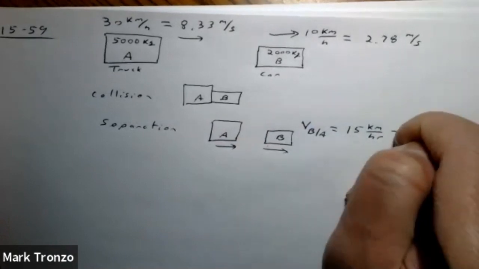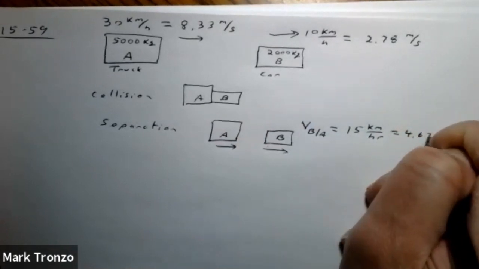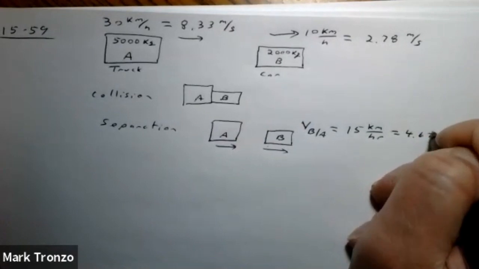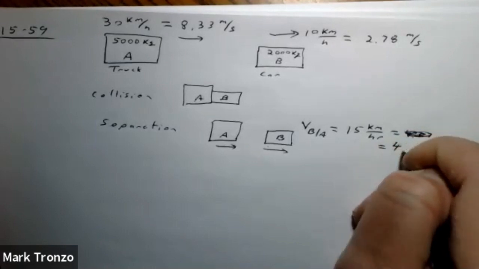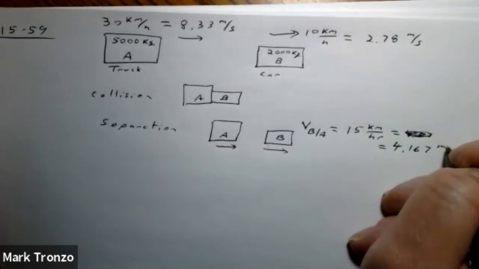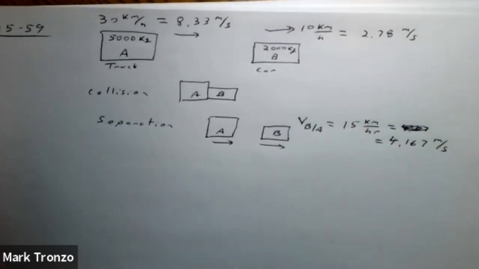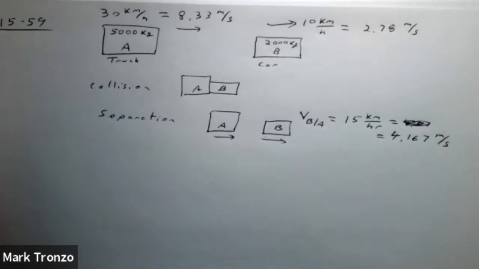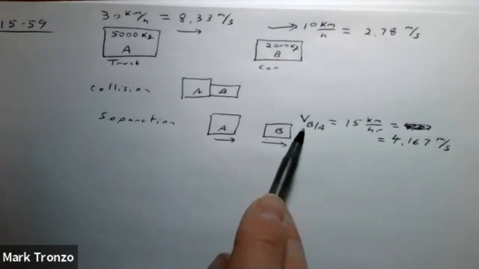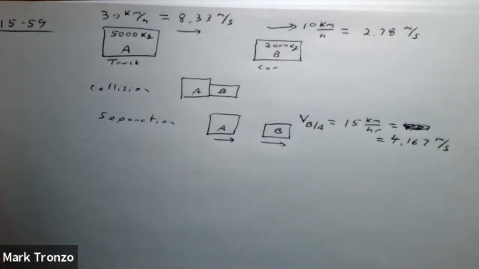If you work that out, that's about 4.167 meters per second that the car is going to move away from the truck after impact. So that's going to be the relative velocity.